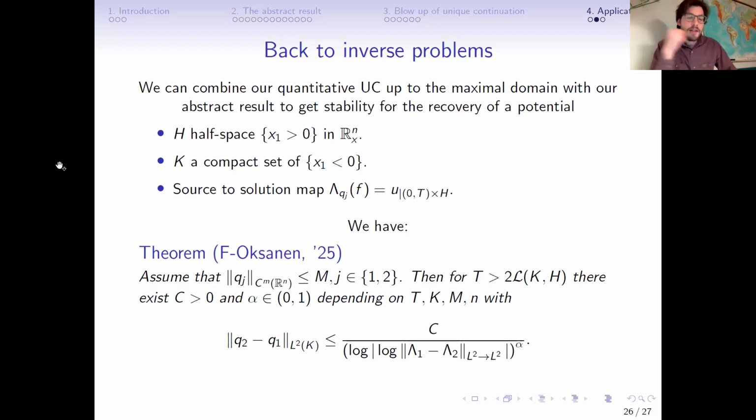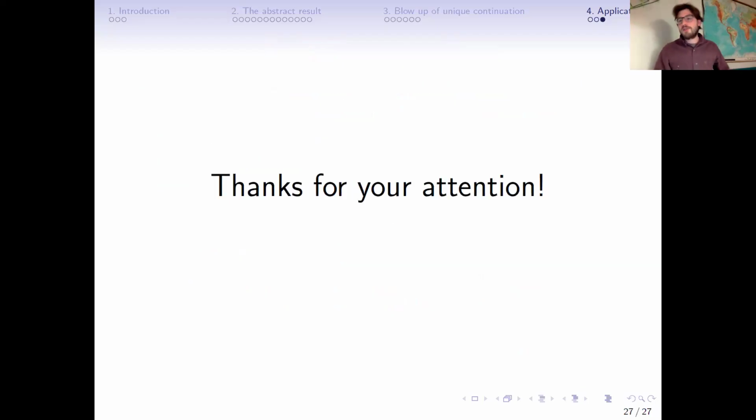So once again, log-log is not a very strong stability, but at the same time, there are indications that probably this problem is not so stable after all. But that's all that I wanted to say, and thank you very much for your attention.